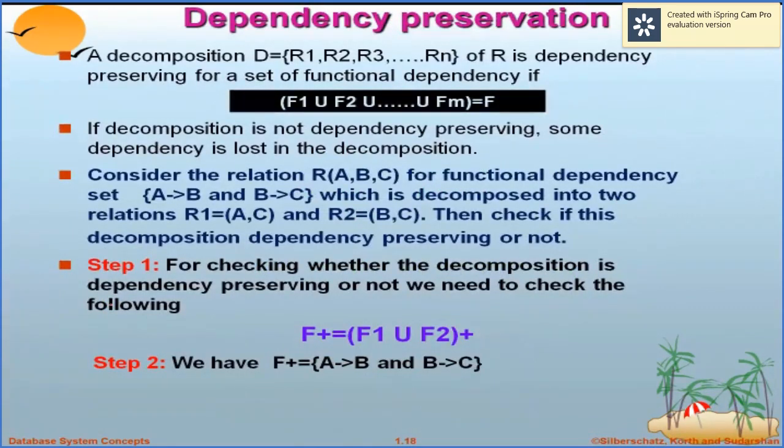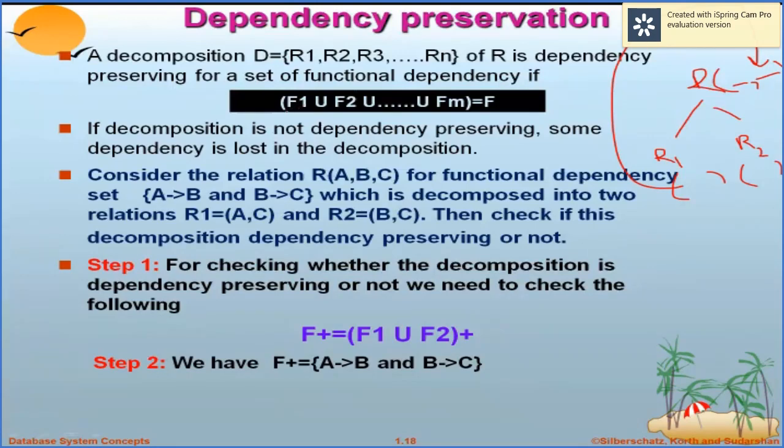Next one is dependency preservation. So what is this dependency preservation? Let me repeat. Dependency preservation is this: if you are decomposing your relation R into R1 and R2, each of these relations has its own set of functional dependencies. These functional dependencies should be preserved for the next level also. If you rejoin R1 and R2, the same functional dependencies should come back, and the original functional dependencies should be reflected.